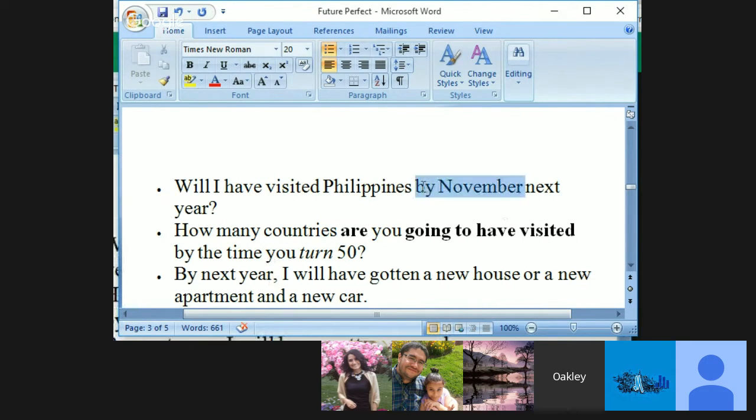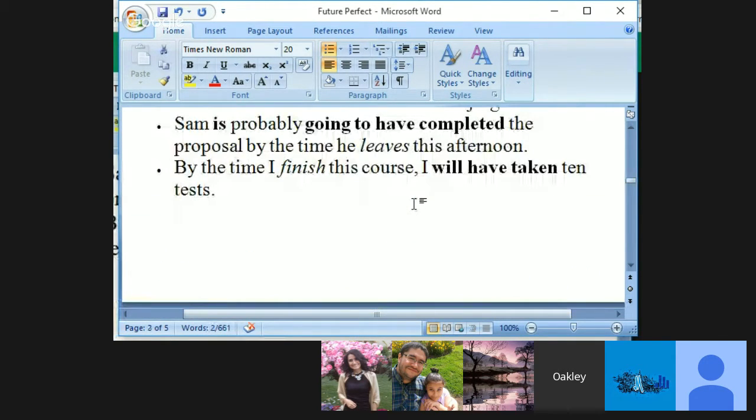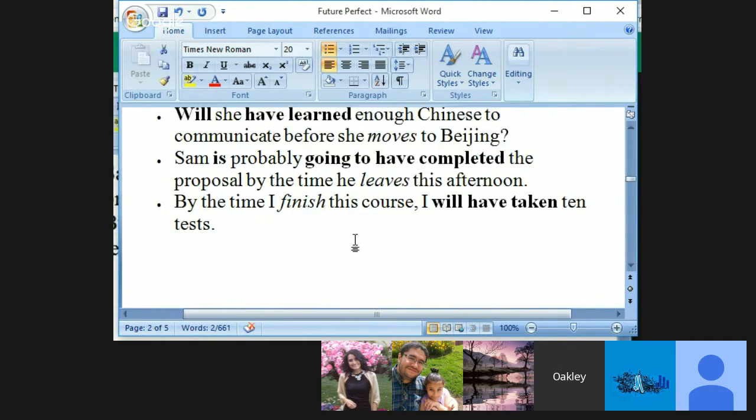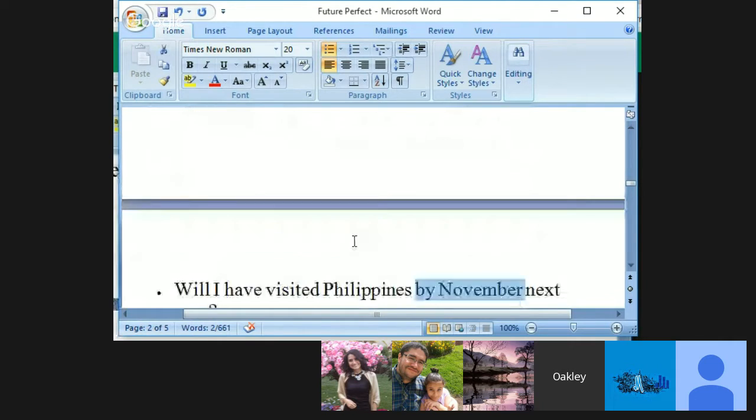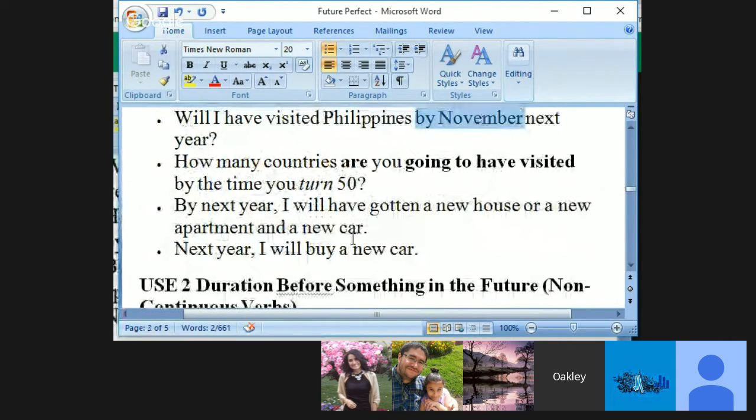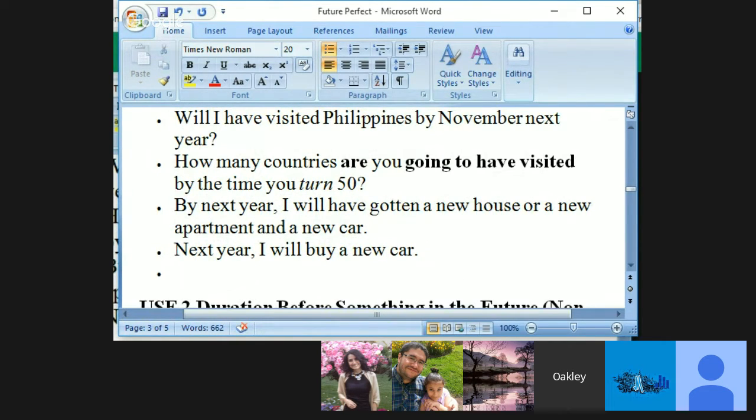Earlier we had by November, by Tuesday, by 2017. The key is that "by" makes it specific. So we use these "by" time phrases. Obviously they're quite handy for future perfect tense. I mean, they're almost necessary. They're very commonly used together.